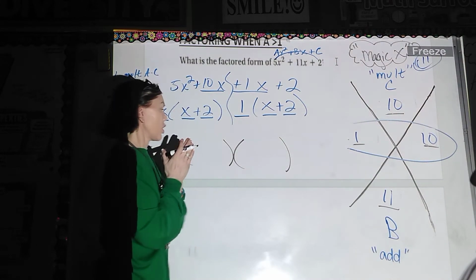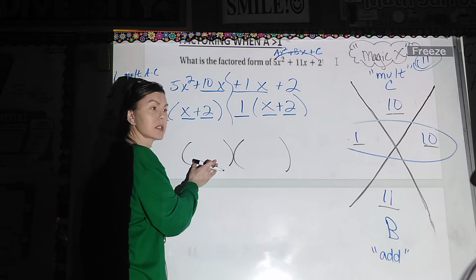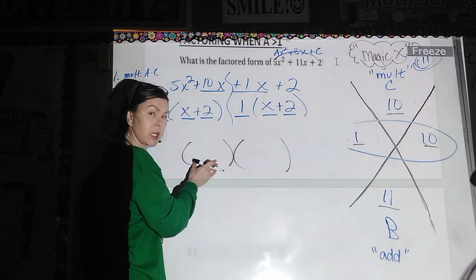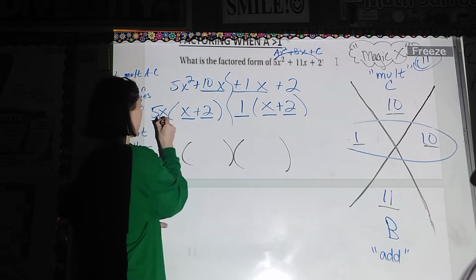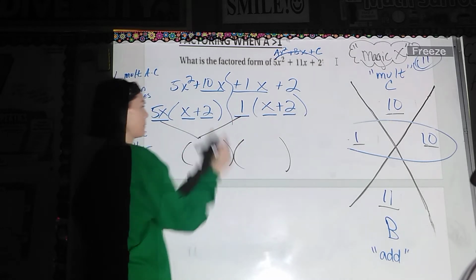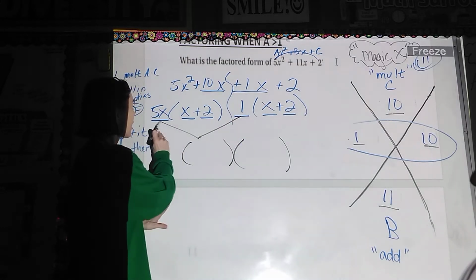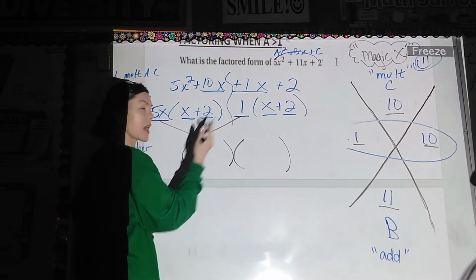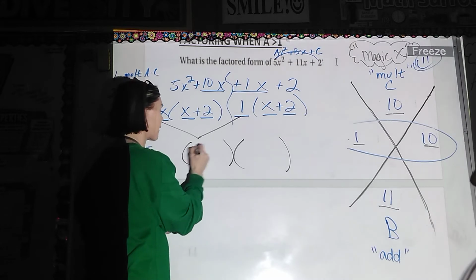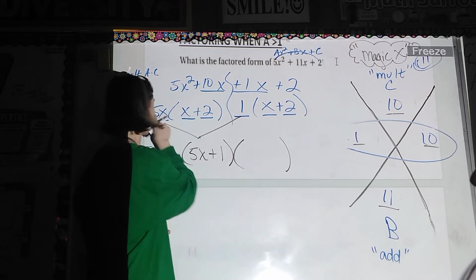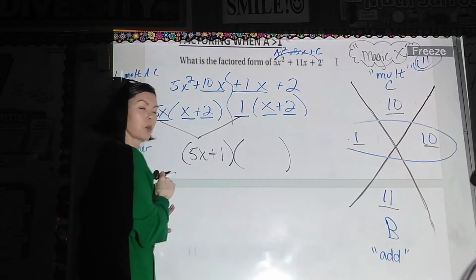The first binomial is going to be from your two GCFs. So watch me do this: 1 and 2. I want you to draw the GCF and the GCF and bring those together. Our first binomial is going to be 5x plus 1. 5x and a positive 1.